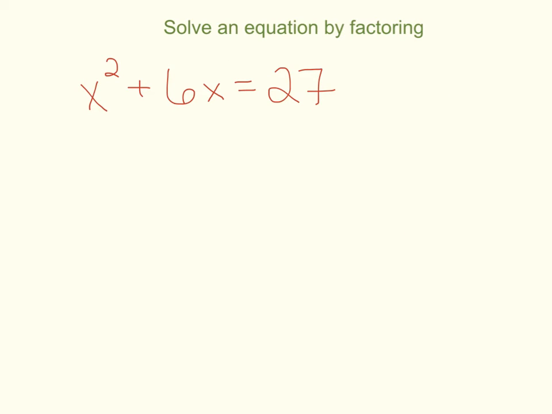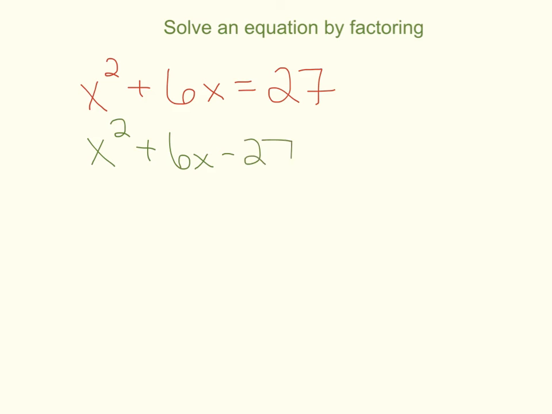So we can also find the root of an equation by solving the equation with factoring. If we have an example like this, you have x squared plus 6x equals 27. You first want to write it in quadratic equation form. So we're going to begin by subtracting 27 from both sides, which would leave this equation equal to 0.